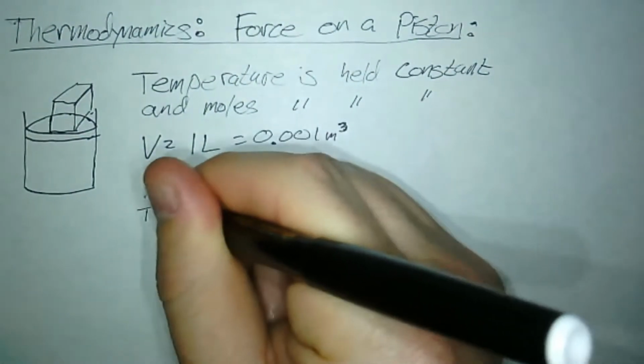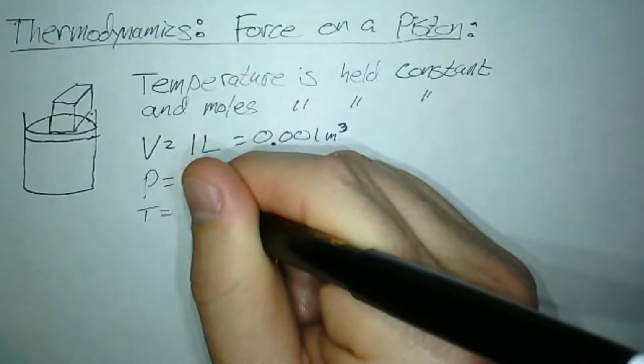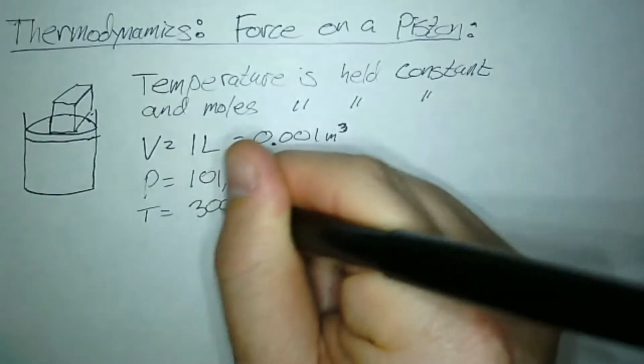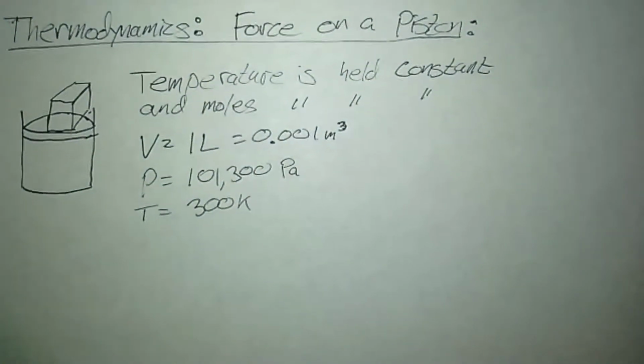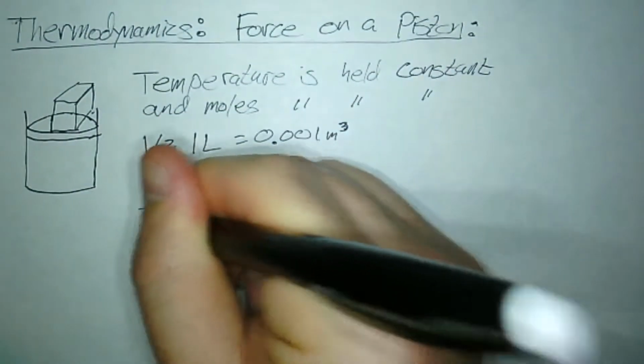And we'll say your temperature is fairly standard Earth temperature, 27 degrees Celsius, or 300 Kelvin. So this is all going to be your initial. So I'm going to put a 1 next to all of these.